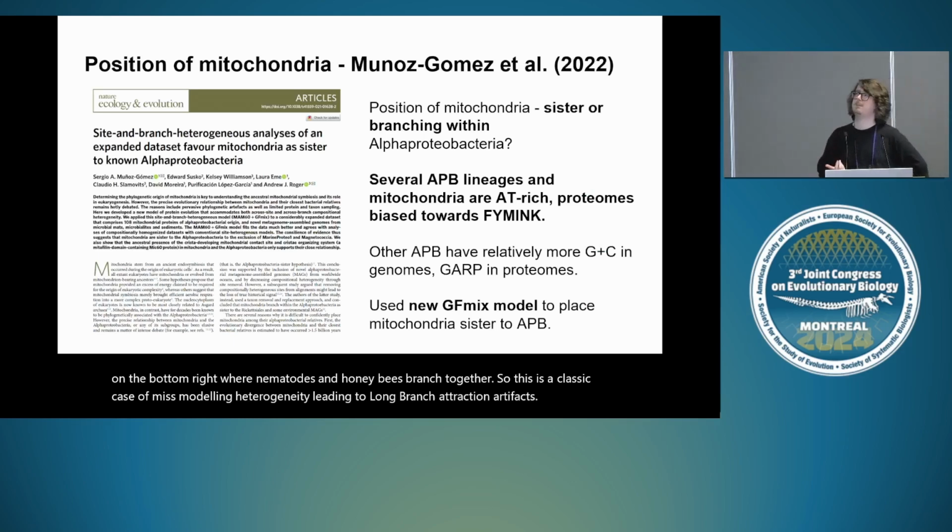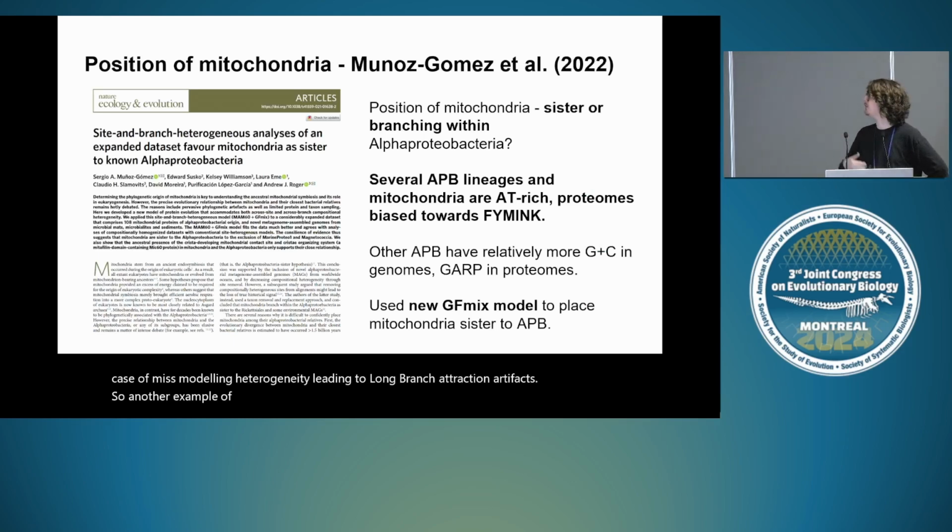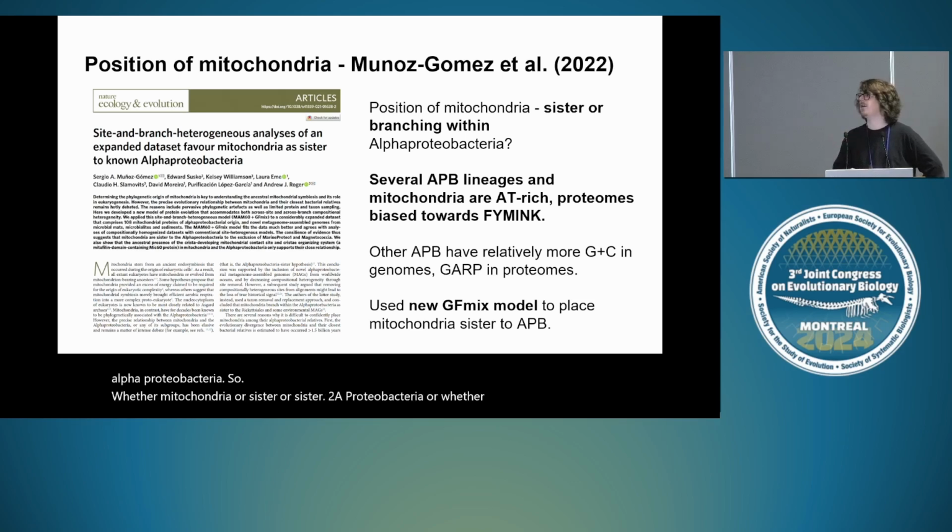So another example of heterogeneity over a tree, which is going to be relevant to what I'm going to show you later on, is this question of the relationship between mitochondria and alpha proteobacteria. So whether mitochondria are sister to alpha proteobacteria, or whether they branch within alpha proteobacteria.